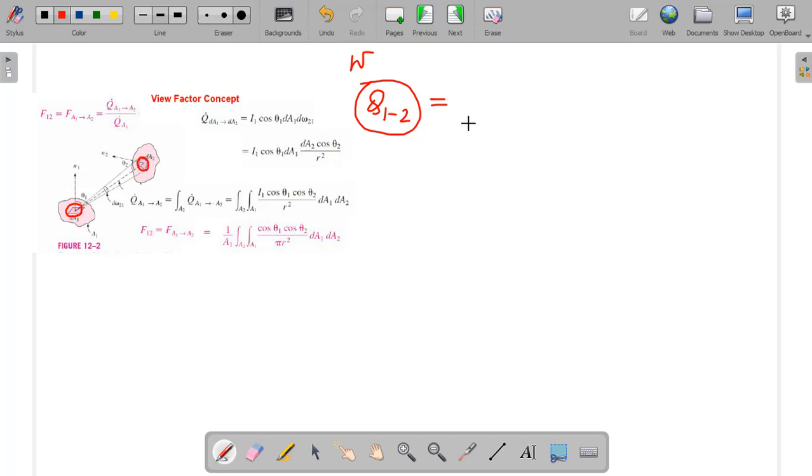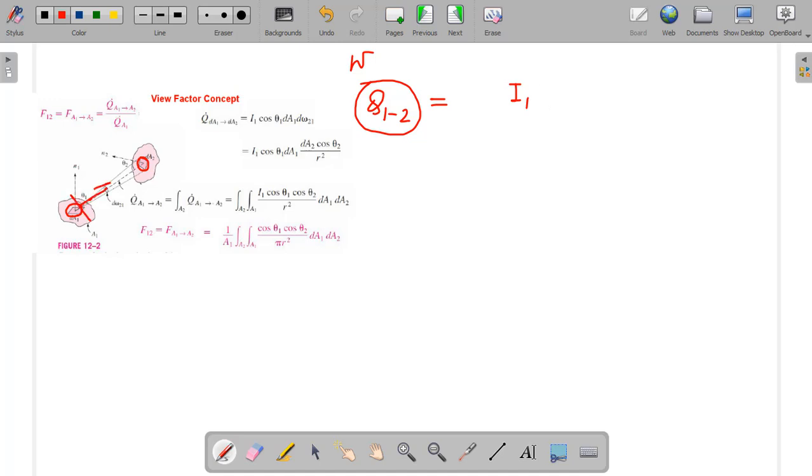For this, if you consider the elemental areas dA1 and dA2, that value is basically the intensity in that direction. That intensity, we consider I1, and remember this I1 is the intensity of a black surface, so you can also write I_B1, into the area which is normal to that direction.